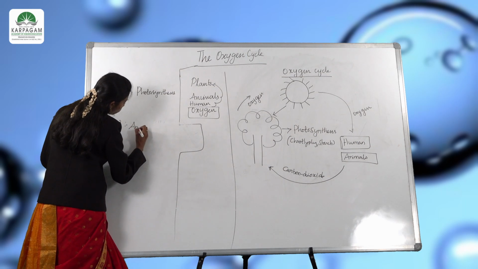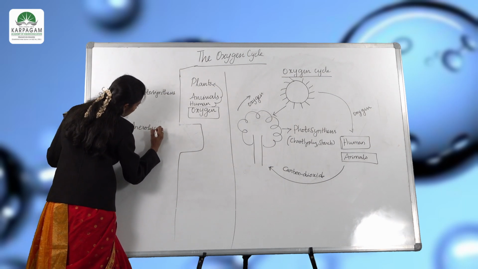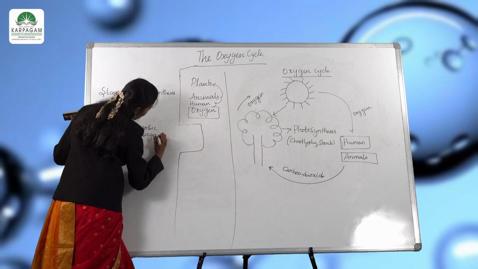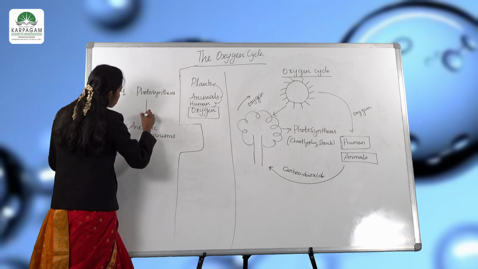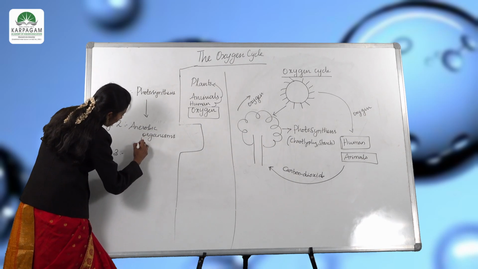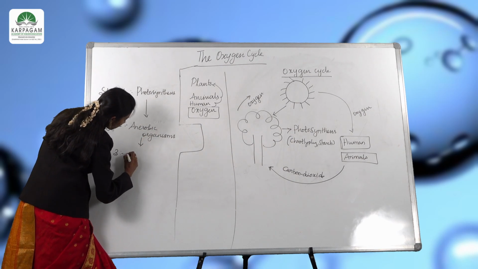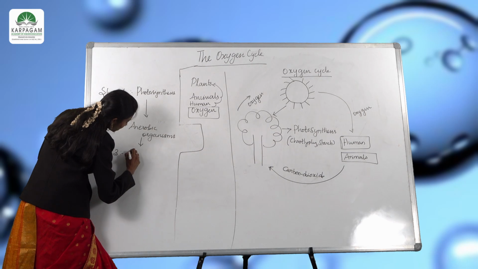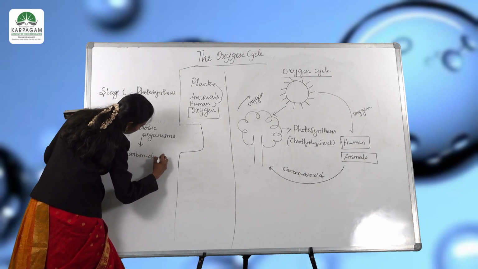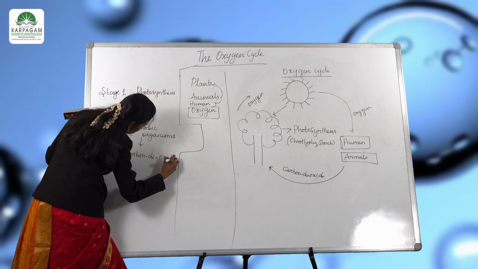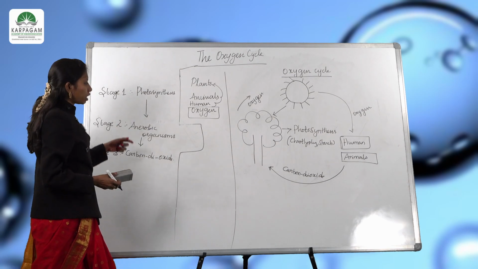In stage 2, aerobic organisms inhale the oxygen that is released by the photosynthesis process in stage 1, and in stage 3, these organisms exhale the carbon dioxide. This is how the cycle continues.